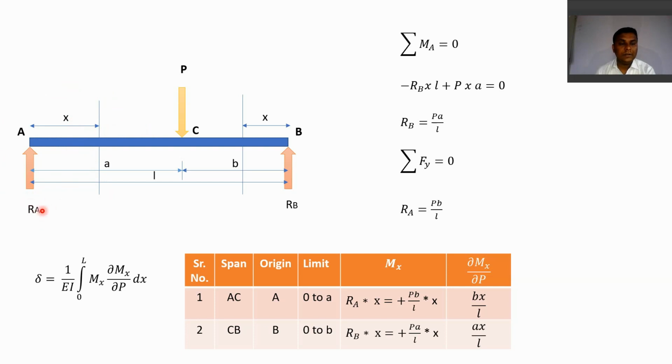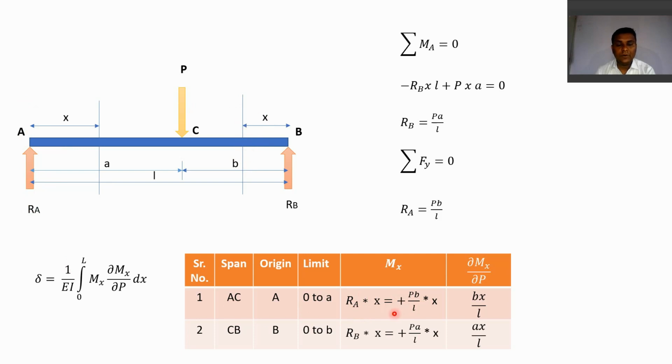When we take its bending moment about section XX, we get RA multiplied by x, and it creates sagging bending, so we consider a plus sign. So the equation of bending moment is RA into x, and we know the value of RA is Pb upon L, so Pb upon L into x, with a plus sign because it creates sagging bending.